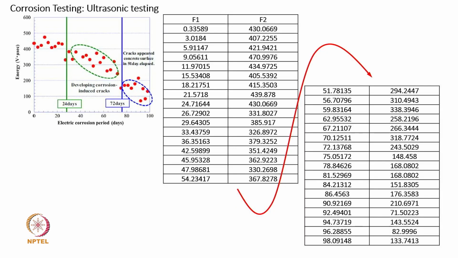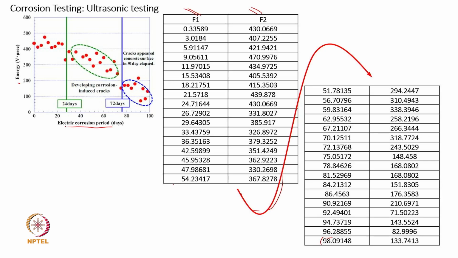Now, if you look at this data, there are only two factors. Factor 1 is maybe the electric corrosion period, and factor 2 may be the energy, when we are trying to plot it, and we have 34 data in this case. The period has been mentioned here very clearly up to 98 days. This red color sign has been shown because we could not accommodate it in one column.